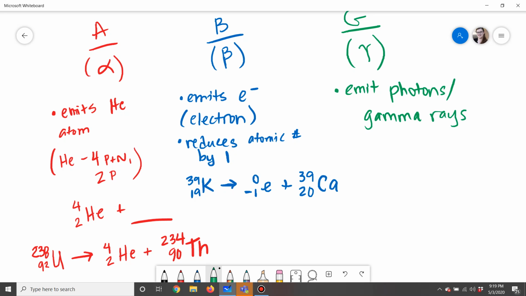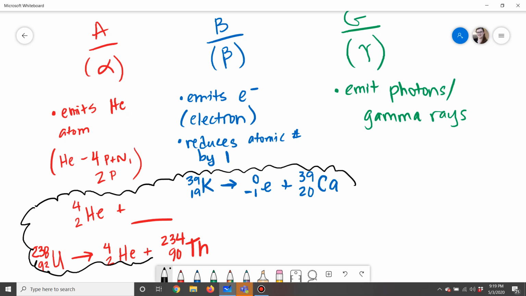Basically, you can block alpha decay with a piece of paper, right? There have been experiments doing that. So really, the only calculations that we're going to be doing are going to be those for alpha and for beta decay. So they're going to be like these right here. So you may want to get these down on a piece of paper, right? Okay. And I'll do a couple more. That way you're able to see the different types of problems that you might encounter on the assignment.